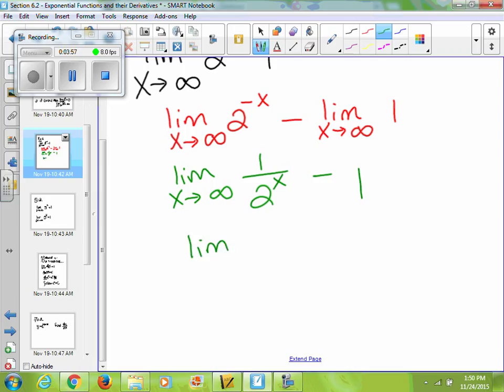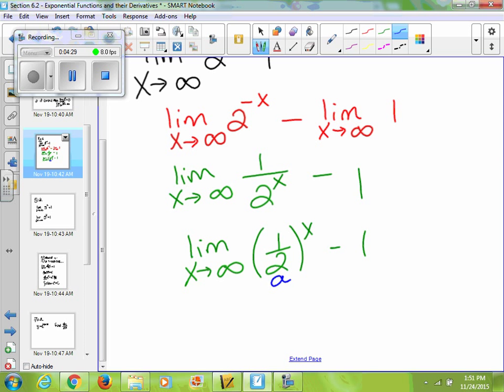Then, because I need to figure out what my base is in order for me to solve this limit, I'm going to pull my 1/2 out and just put the exponent on the outside. So I end up with the limit as x approaches infinity of 1/2 to the x minus 1. So now I can use my limit laws to make a be the 1/2.